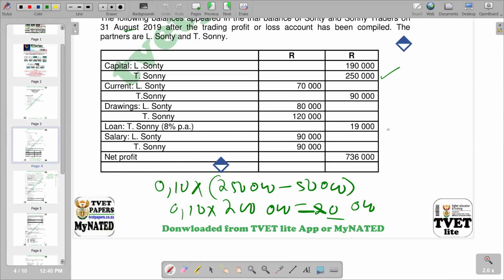So we are going to say 0.10, which is our 10%, and then we multiply by the capital that we have for the other partner. Sorry, it's 190,000. So we are multiplying by 190,000. Then when we multiply like that, you're going to get 19,000. So this is the interest on capital of the other partner. So we add this 19,000 there so that we get the total interest on capital.